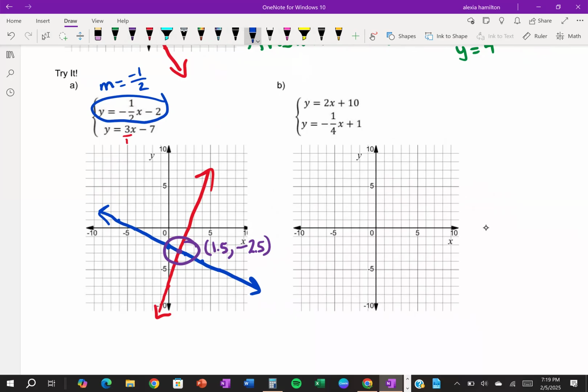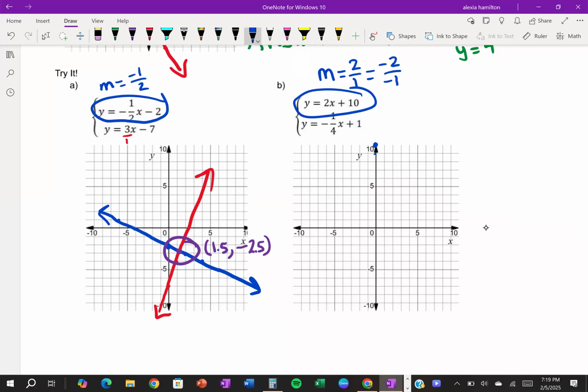Repeat on try it B, top equation. Slope is 2 over 1, y-intercept is 10. Now here's something: 6, 7, 8, 9, 10. It's a good thing I counted. So 10 is at the top. I can't count up and right. There is no up. So if my slope here is a positive 2 over 1, isn't that the same thing as a negative divided by a negative is still a positive?